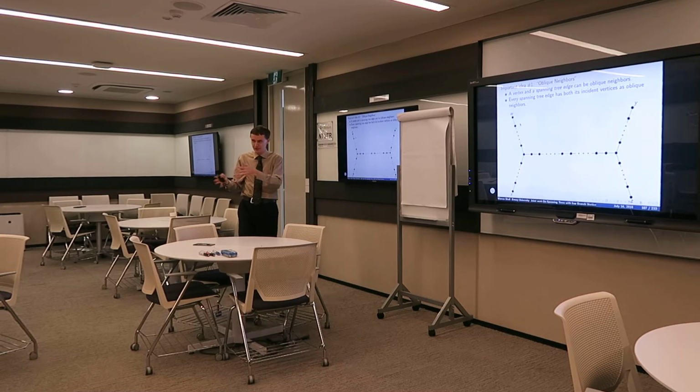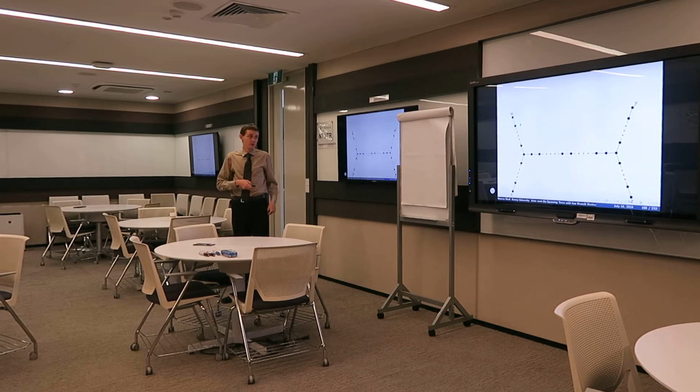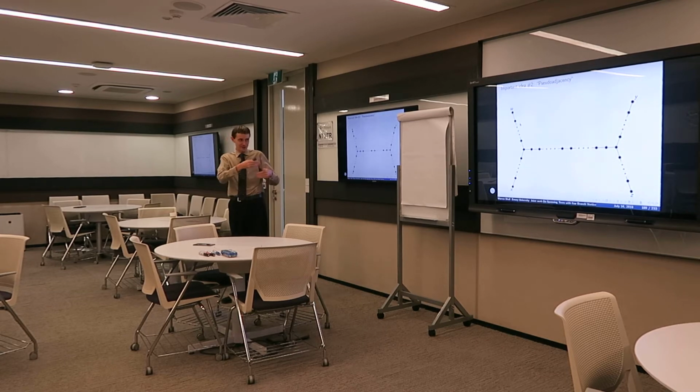So that one is just a sort of trivial case of this. And building on that, I've coined another term. I'm calling it pseudo adjacency. Two vertices are pseudo adjacent if any edge has them both as oblique neighbors.